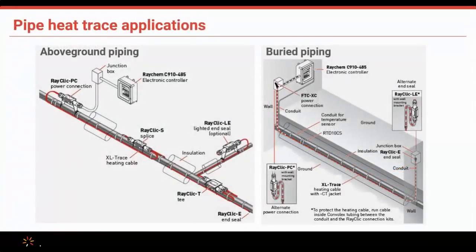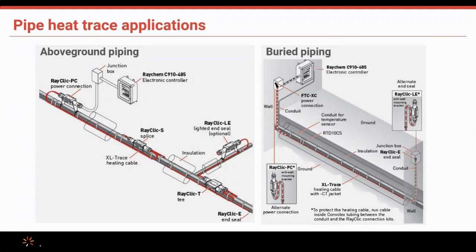All right, so we can do both above ground piping and buried piping. The one key factor here is that the NEC code does require any connections be accessible. So whenever you have a buried pipe system, please keep in mind that all the connections need to come up out of the ground in an accessible way, whether it's at the beginning or at the end of the run.